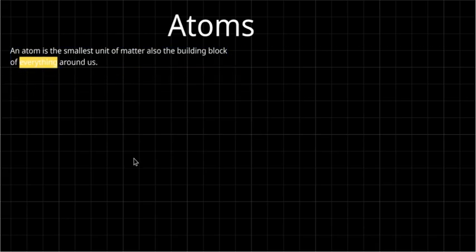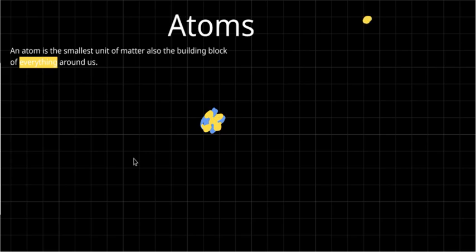So let's talk about how an atom is arranged. Let's start with our nucleus. In the nucleus, also known as the middle of the atom, we have small, you could think of them as tiny bubbles, right?